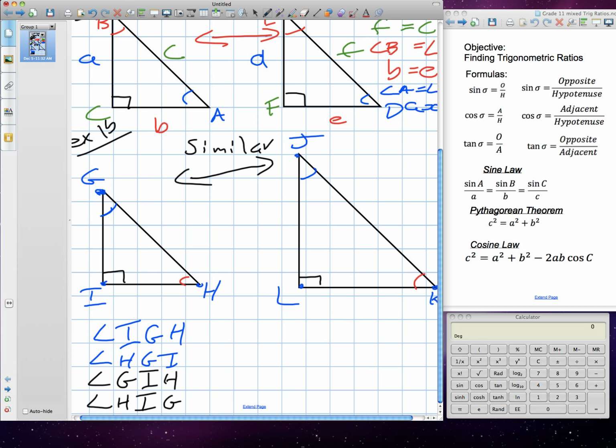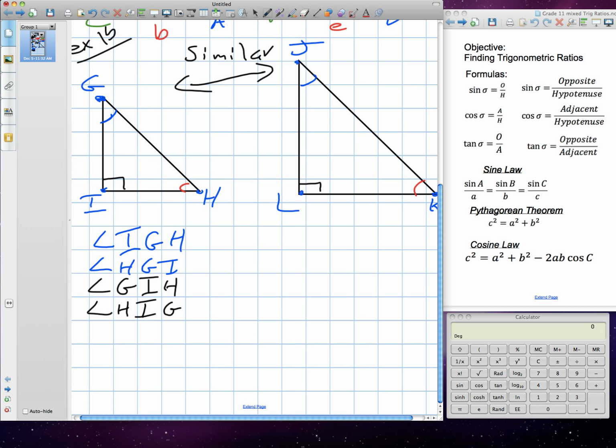And finally, angle H would be angle IHG or angle GHI, depending what their starting point is. But essentially the reason they're doing that is because if I start at point I, go over to H, and then come up to G, I formed an angle here, and that's the angle right at H. Okay? So it's important we can distinguish between those.